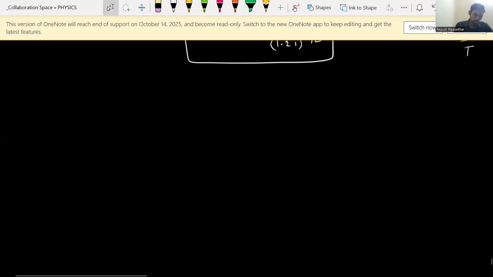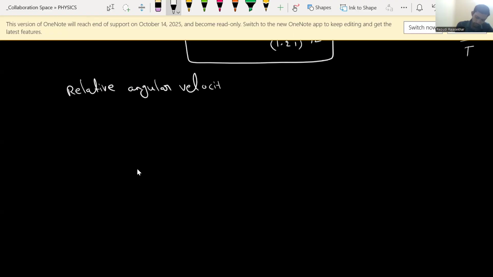Right. So relative angular velocity. Omega relative equals the relative velocity of the satellite with respect to the geostationary satellite, that is omega 2 minus of minus omega 1.